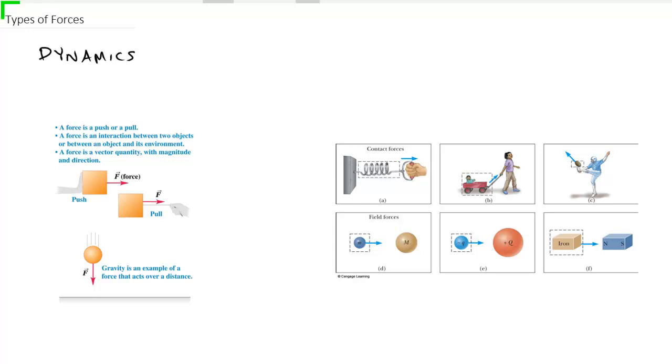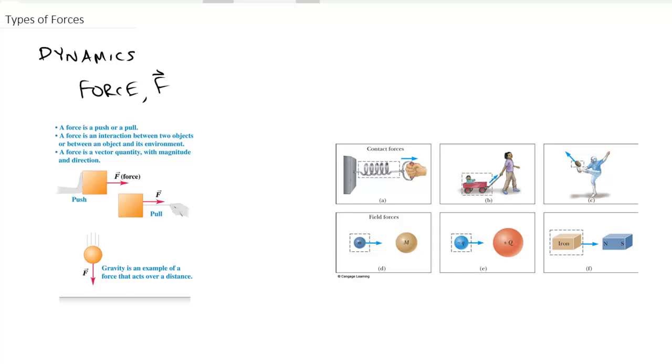Okay, so we have here a force. And we usually denote this as just a capital F for a general force. It is a vector quantity, so it requires both a magnitude as well as a direction to fully describe it.